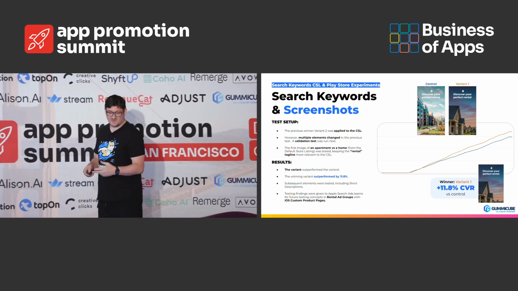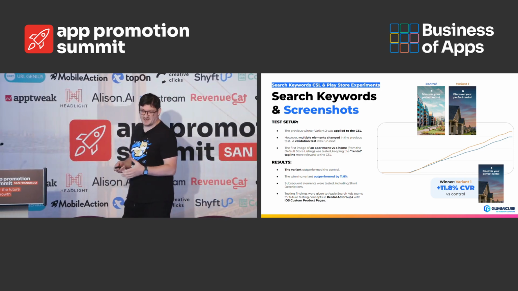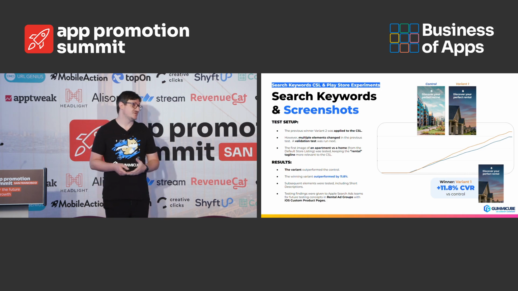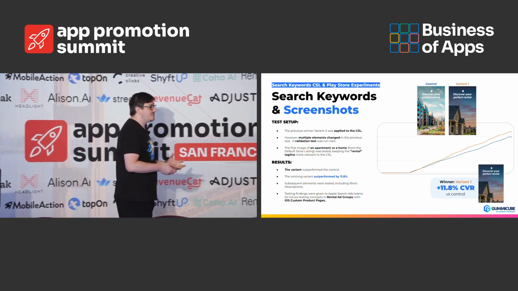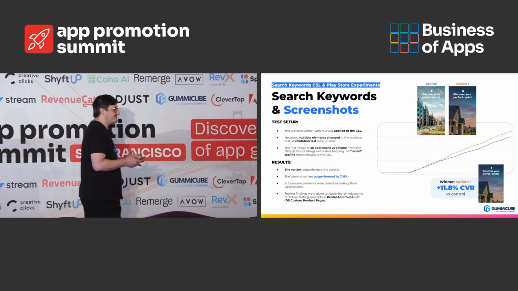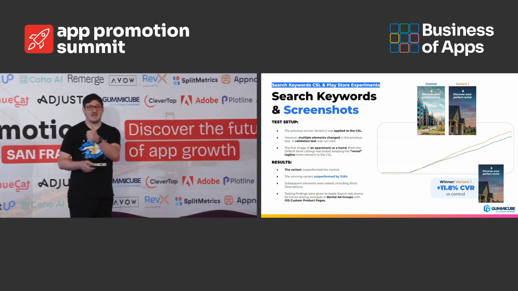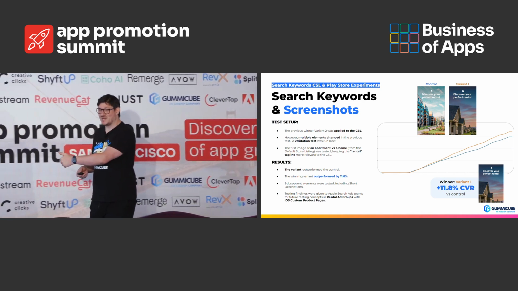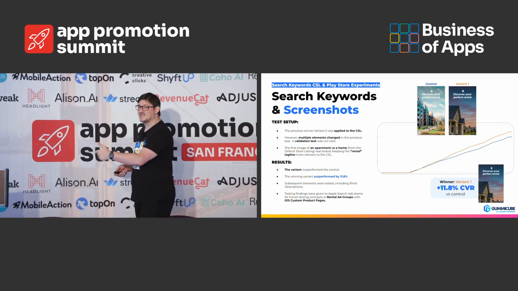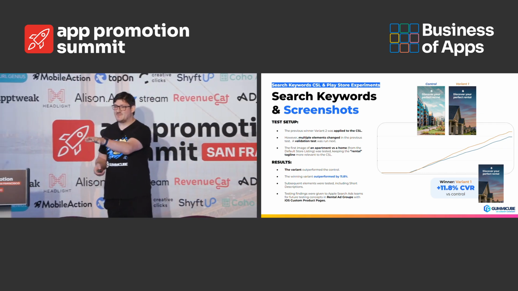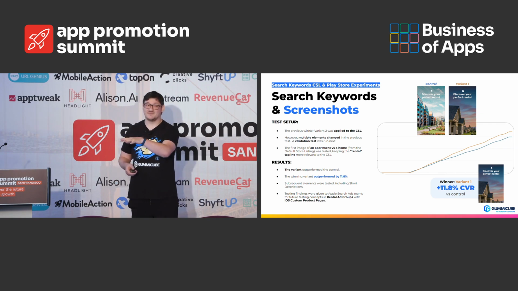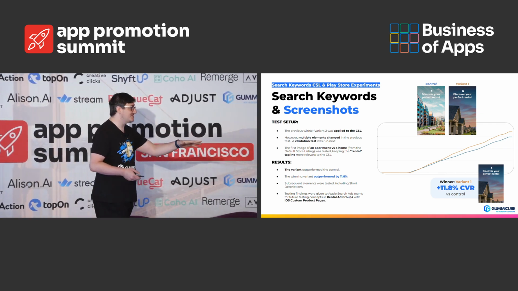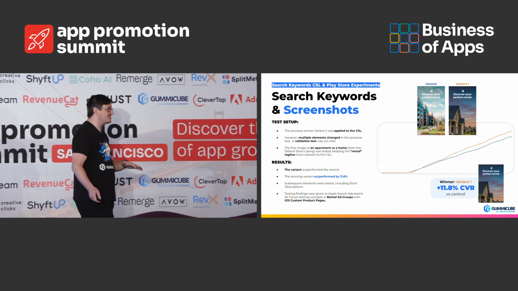Another example here, just when we look at screenshots, right? We were experimenting, almost a 12% conversion increase. So if Apple and Google are thinking about conversion as a metric for how difficult it is for you to rank compared to your competitors, and for ultimately how well you rank, and I'm not talking about your store listing conversion only, I'm also talking about how you convert in search, how you convert in Browse and Explore separately.